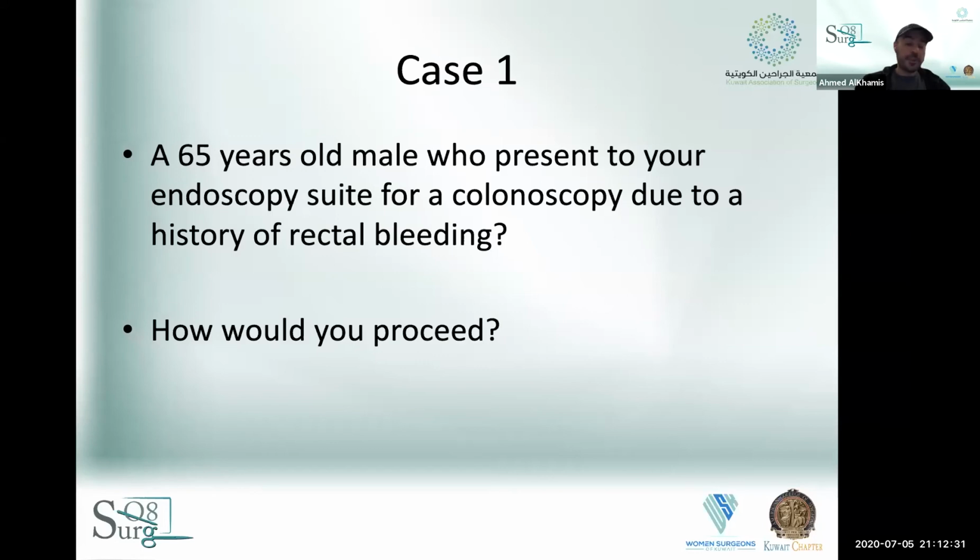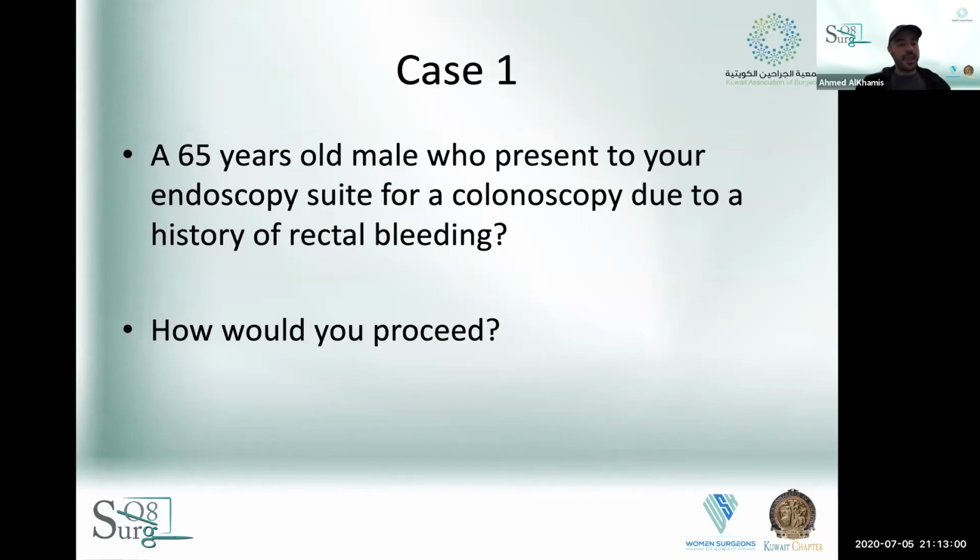What I would expect you to say in your oral exam is: I'm going to take a focused history, do a clinical exam, and then talk about the risks and benefits of this colonoscopy and why I'm doing it. What I like to tell my patient: the risk of perforation is 0.4%, or 2 in 1,000, and the risk of bleeding if there is a polypectomy is about 2%; if there is none, it's much less.